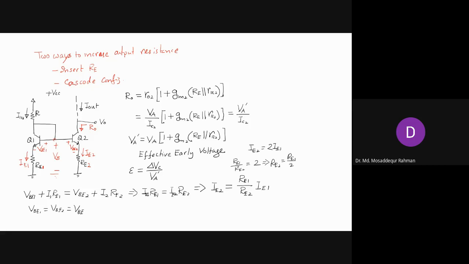If you want this current to be 10 times this current, then you choose this resistance as 1/10 of that resistance. That is how we can adjust the current on the output side. So apart from improving the error due to the finite output resistance, this can also help us change the value of the current.